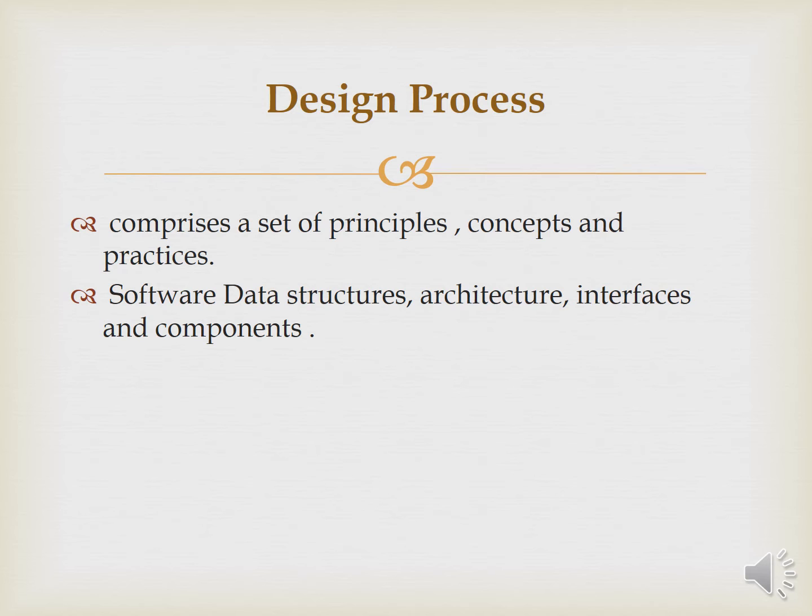This model, known as the design model, is assessed for quality and reviewed before code is generated and tests are conducted. So, the design model provides details about software data structures, architecture, interfaces, and components which are required to implement the system.